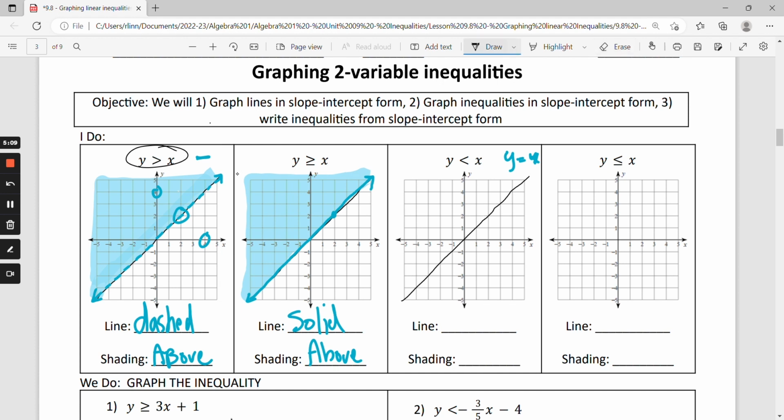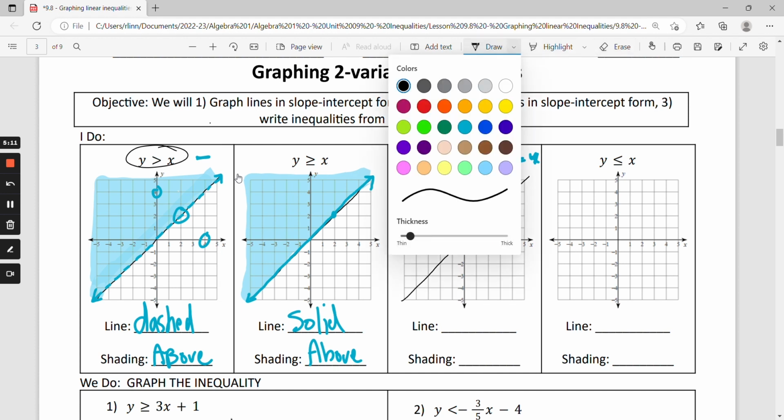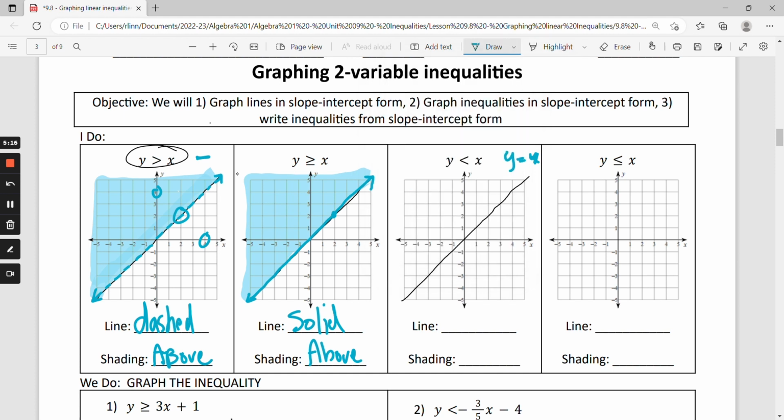Now once again, that line is not part of our solution. So since that line is not part of our solution, we're going to have a dashed line. We'll only have a solid line if it's or equal to. So we're going to have a dashed line. Let's go ahead and draw that dashed line in.